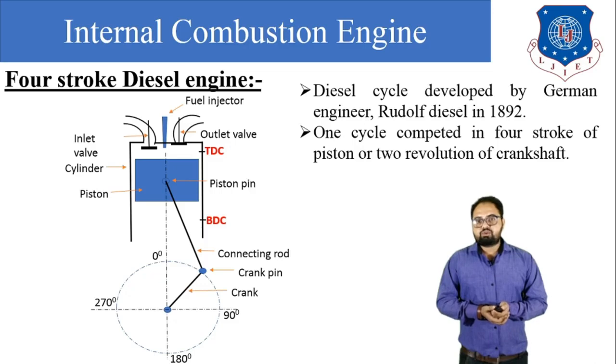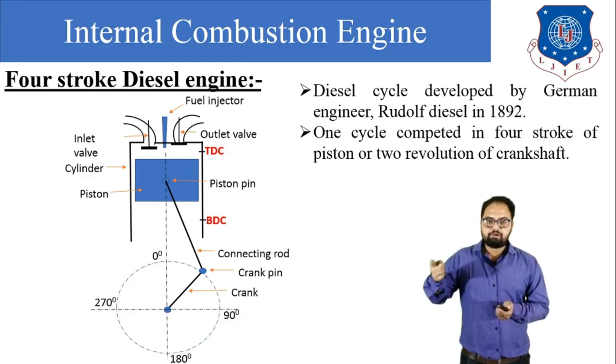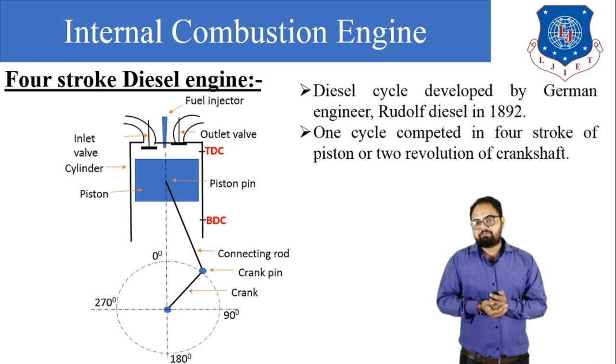The 4-stroke diesel engine was developed by German engineer Rudolf Diesel in 1892, and in this cycle one cycle is completed in 4 strokes of the piston, or we can say 2 revolutions of the crank. One revolution is completed, again a second revolution is completed, and by these 2 revolutions one cycle is completed.